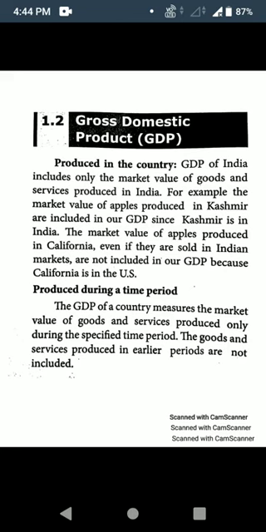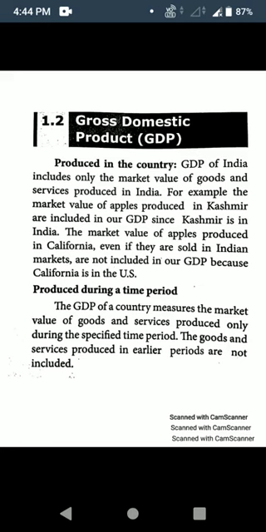Okay, for example, we can see Kashmir. Kashmir is in India. At the same time, California is in US, isn't it? So, the apple was produced in Kashmir. The market value of apple produced in Kashmir is included in our GDP. Why it was included means because Kashmir is in our country.